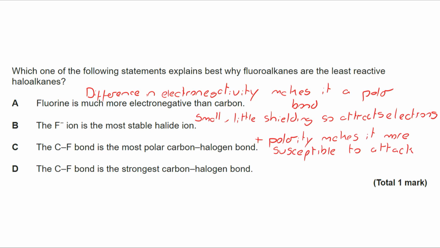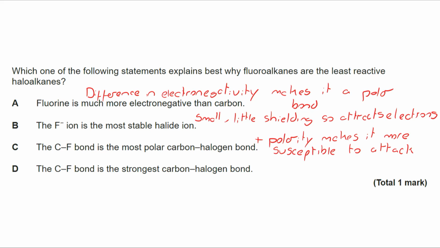If we then take a look at B, the F- ion is the most stable halide ion. Now, when you consider the fluoride ion is the smallest of the halide ions, so there is a lesser distance from the outer shell to the nucleus, therefore it's easier to attract electrons in, and it's subject to less shielding, that's simply not the case.